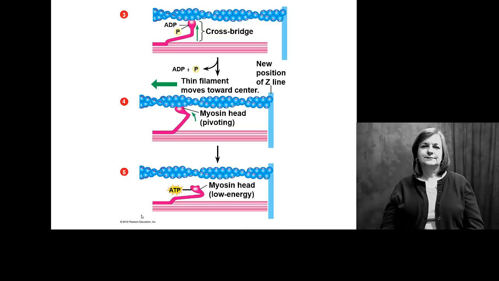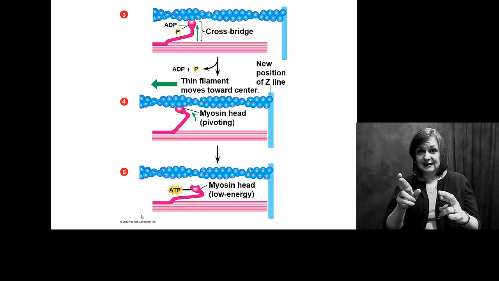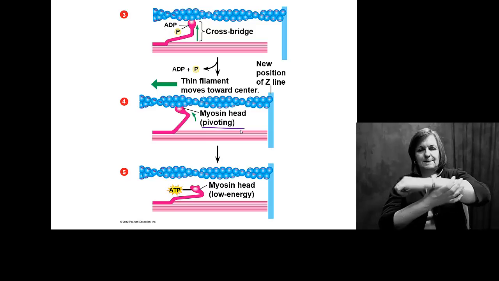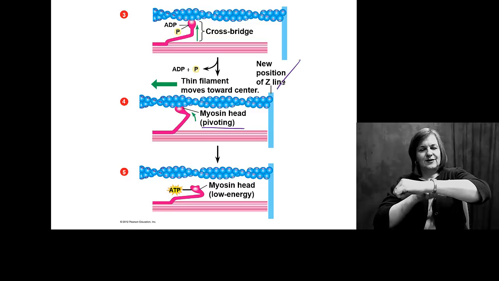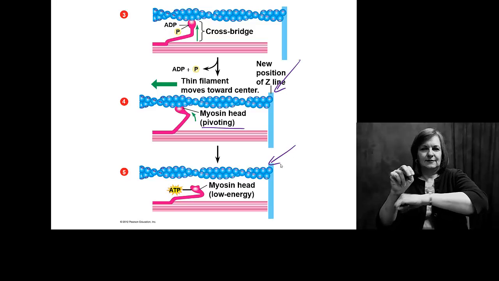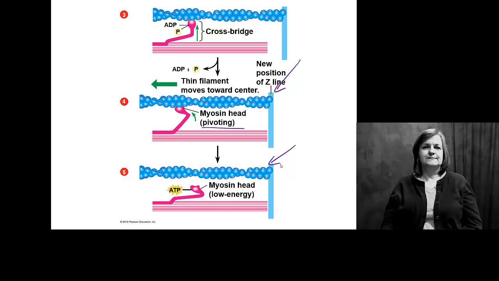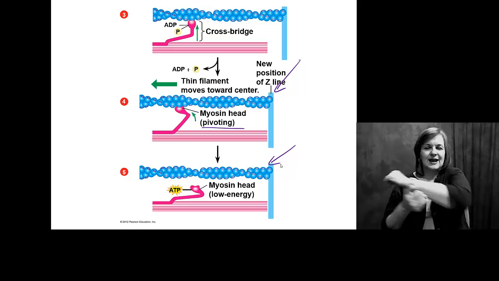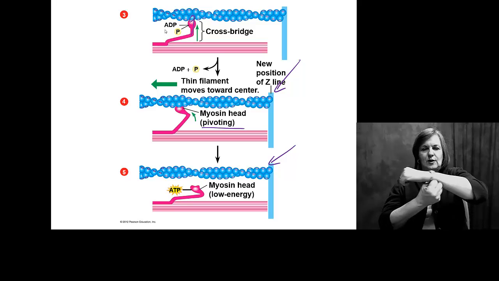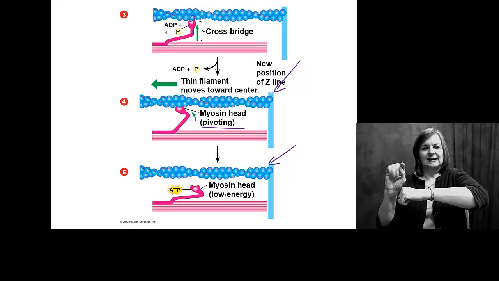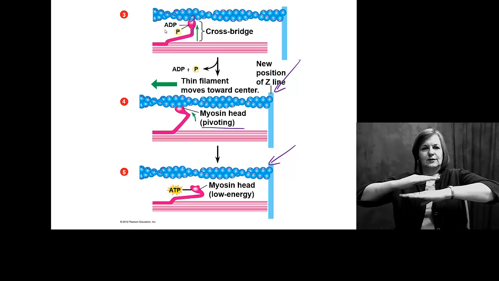And when we get energy release, that myosin head is actually going to snap back or pivot, and when it does, it pulls the Z line. It pulls that actin. So every time this head is going to reach out, grab, and pull, that actin becomes closer and closer in the center.